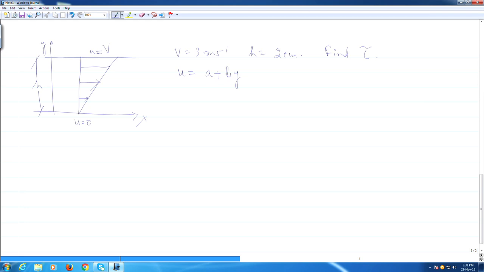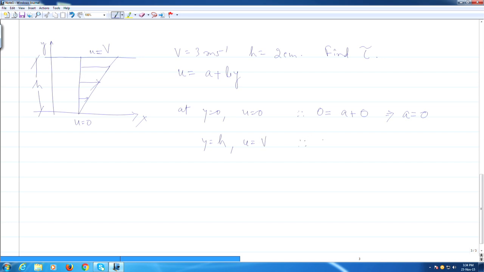Then at y is equal to 0, u is also equal to 0, which means 0 is equal to a plus 0, which means that a is equal to 0, right? Then at y is equal to h, u is equal to V.